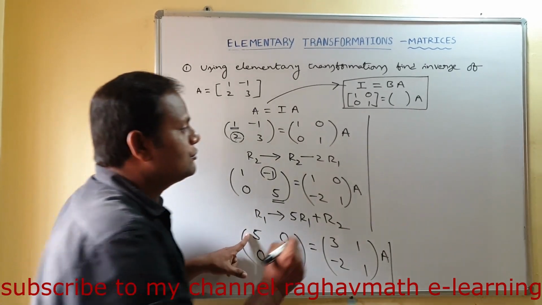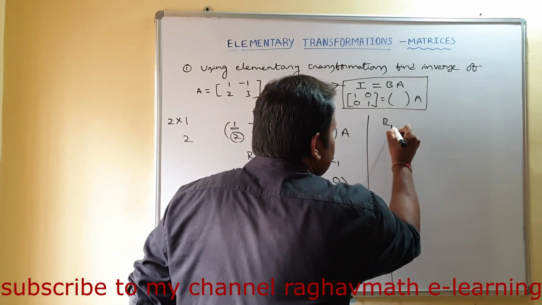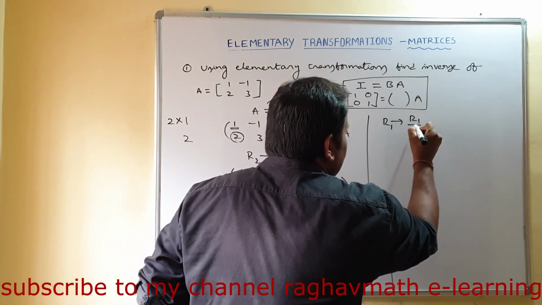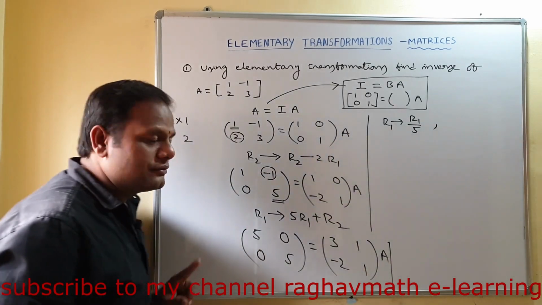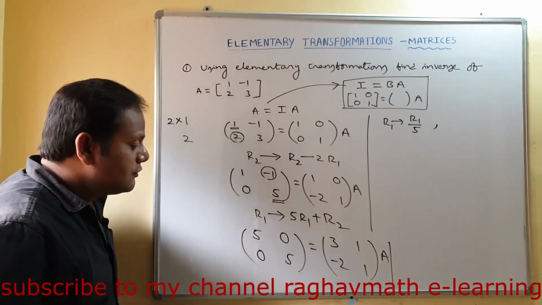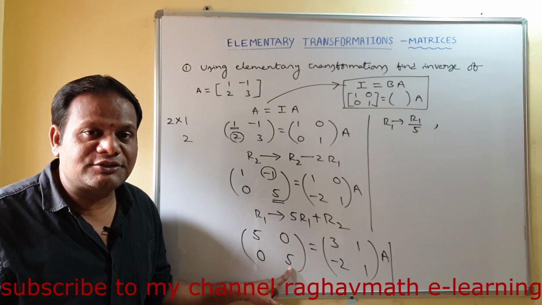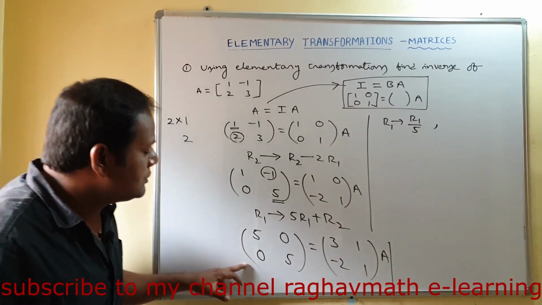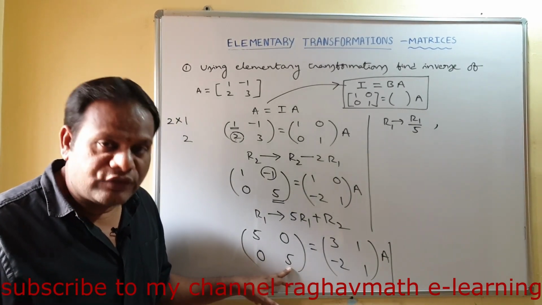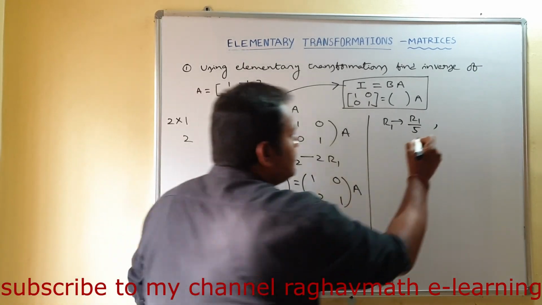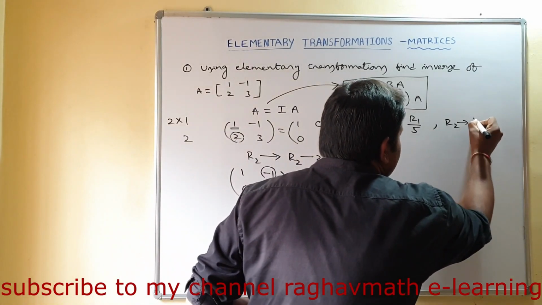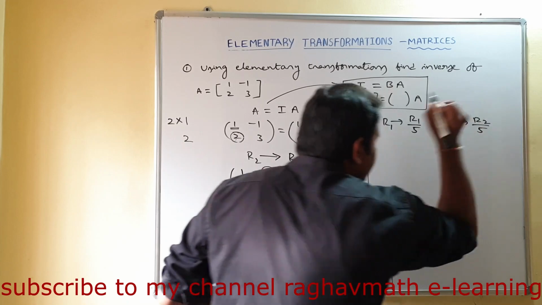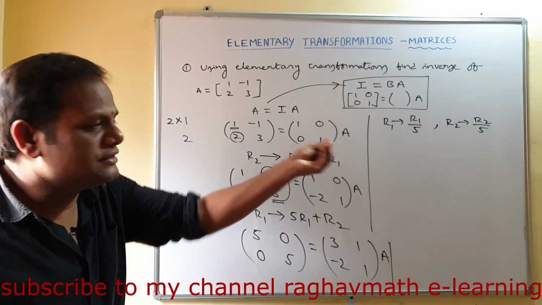So R1 changes to R1 by 5, then it becomes 1. What about this place? Here also we want 1. So divide the second row with what? 5. So R2 changes to R2 by 5. That's all. Apply these two operations.